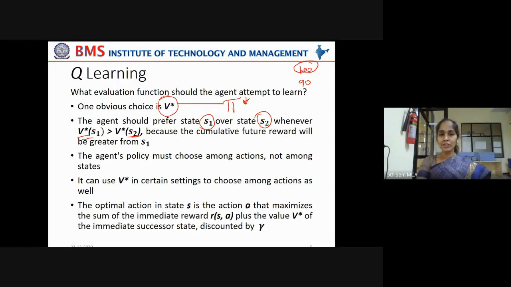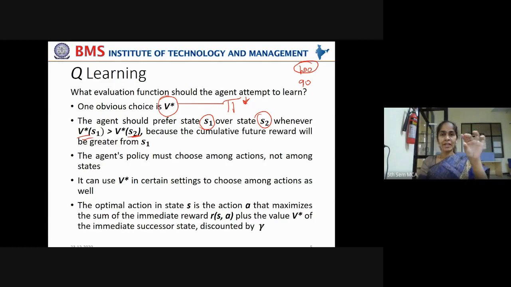But actually, the agent's policy must choose among actions, not among states. Say the agent is starting from state S1, or S2, or S3. But remember, the selection of the initial state doesn't decide the intermediate steps. Intermediate steps can be any.